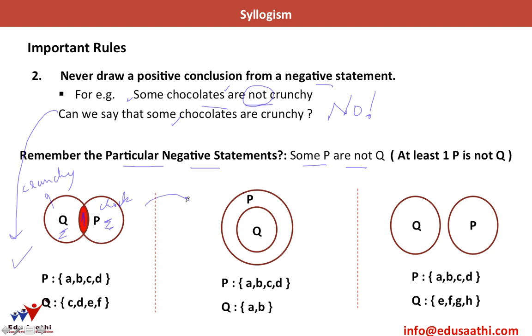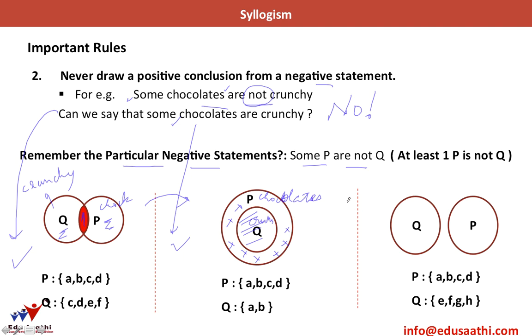Let's move on to this second case here. Again, I have P chocolates and I have Q which is crunchy. So these chocolates which are on the outside of Q are not crunchy, and these chocolates inside of the Q are crunchy. So here also this conclusion holds good that some chocolates are crunchy.